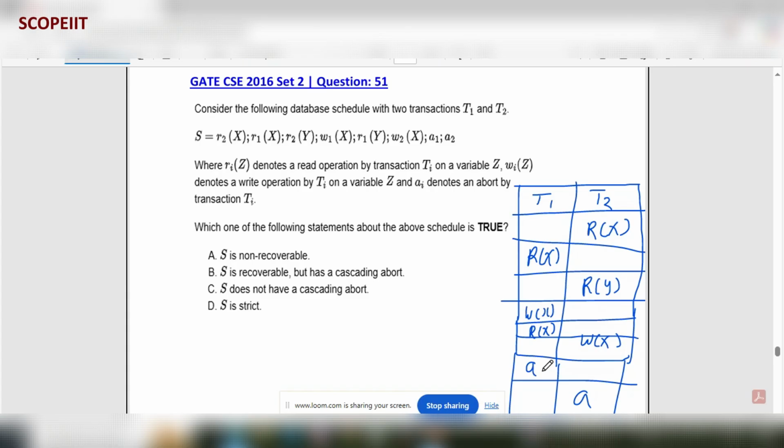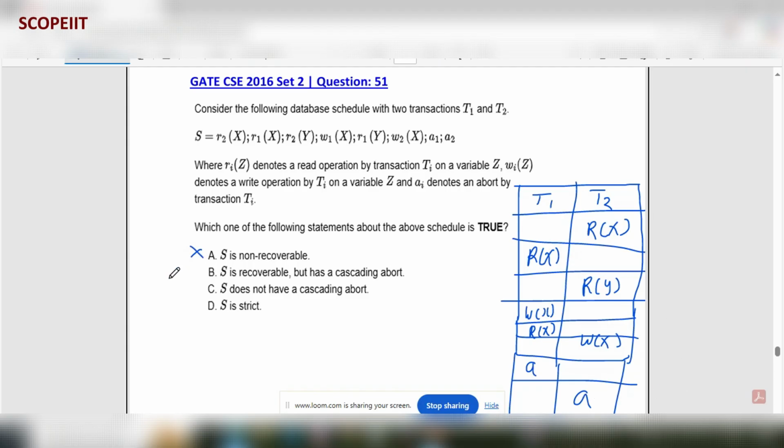But they have done abort or commit at the end. Here commit is not there, they have done abort at the last. So we cannot say this is non-recoverable. Got it? There is no dirty read operation, that's why this is recoverable. So option A is not possible.